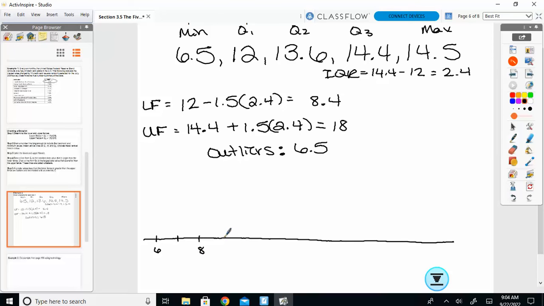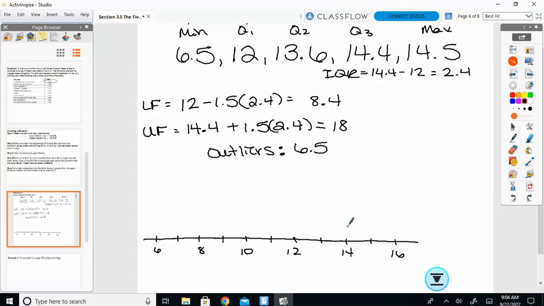I'm just going to count by 1, so I'll label every other one. There is not a right or wrong here. You could have started it at 4 if you wanted. If you started at 0, that's fine. It just has to make sure it includes at least all of our numbers.